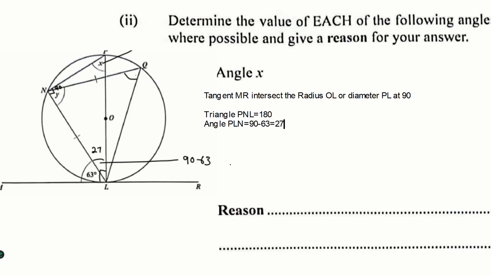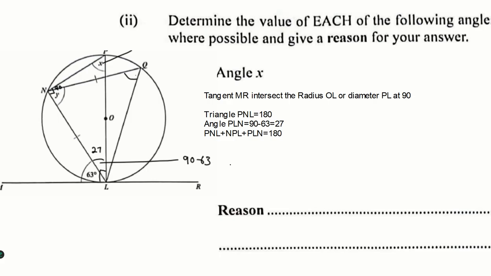Then you would say X plus 90 degrees. Why 90 degrees? Because that's PNL. PNL plus NPL plus PLN is equal to 180.